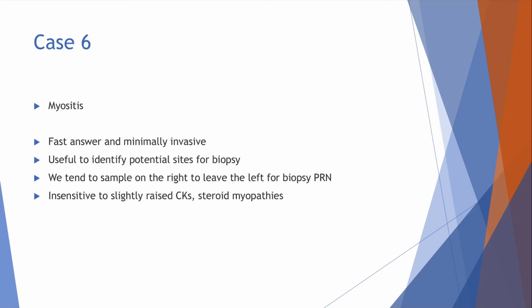If you have found something, then please do enlighten me. I'd be quite grateful. But with relatively slightly raised CKs, we don't tend to get a positive response. And similarly with steroid myopathies, we also don't tend to get a result, primarily because the type of fibers affected by steroid myopathies are not the type of fibers that we pick up with EMG.